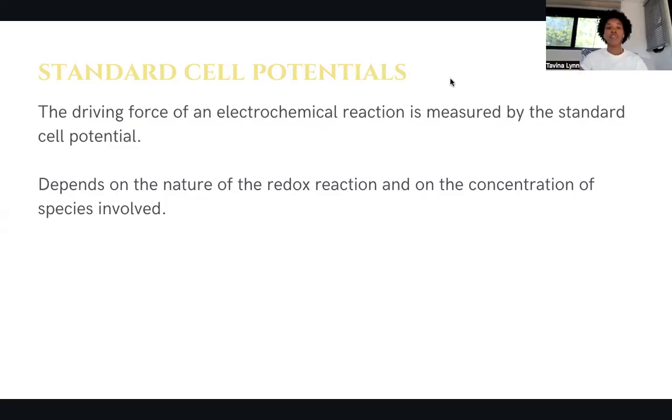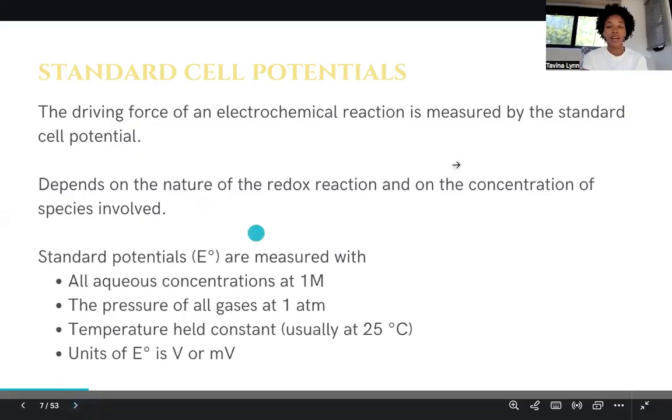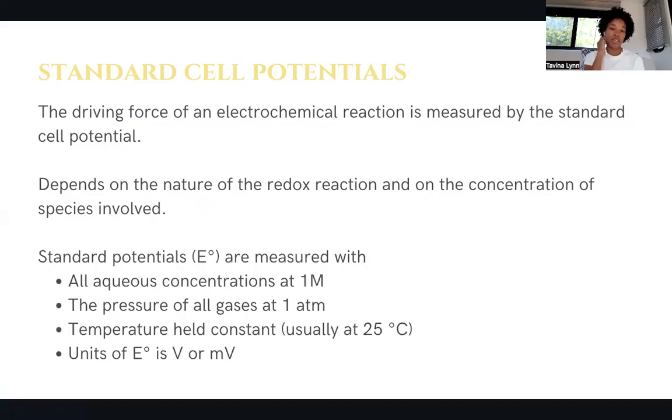So this value is going to depend on the nature of the redox reaction and the concentration of the species that are involved, right? The oxidizing and reducing agents that are present, the electrolytes that are present in each half cell. Just like when we looked at different thermodynamic properties under standard conditions, these are the standard conditions by which we measure standard potentials.